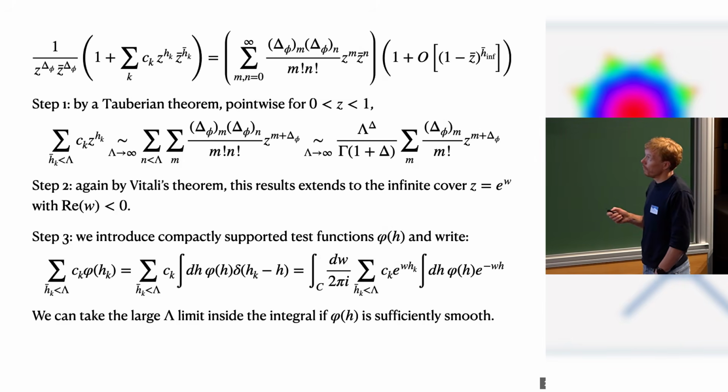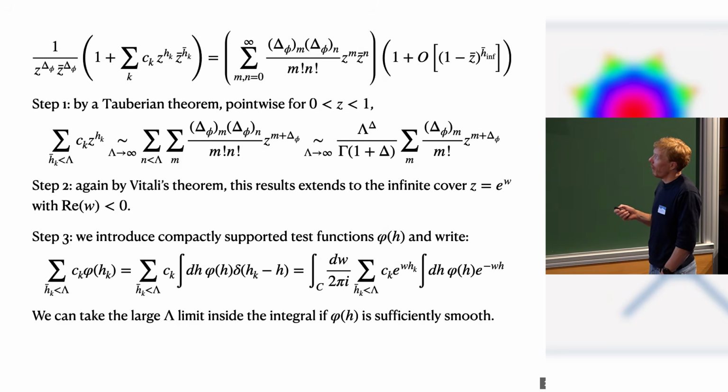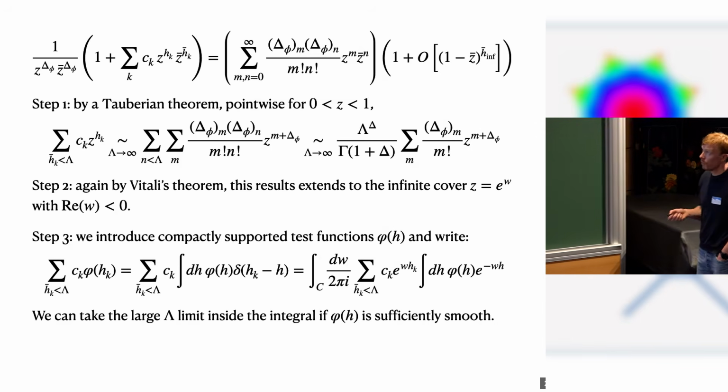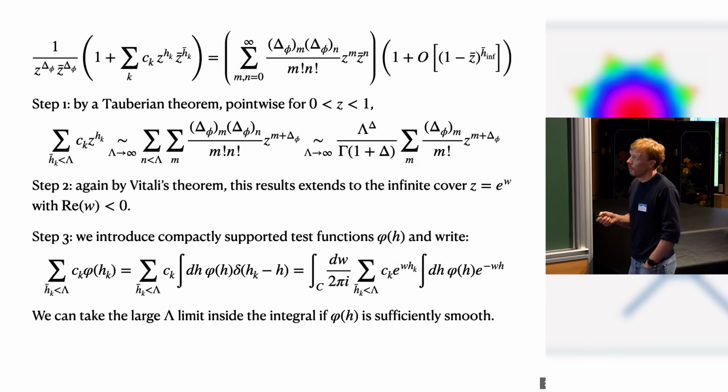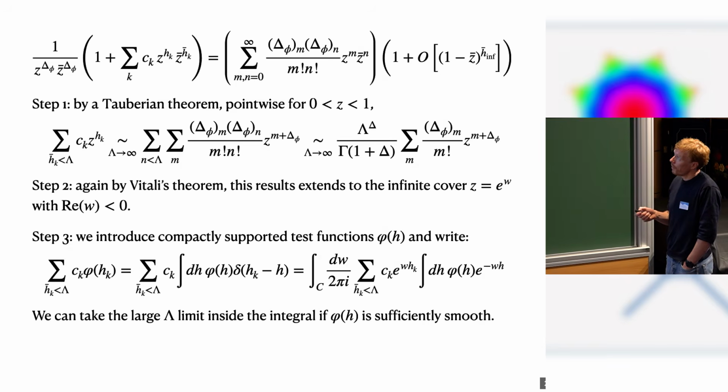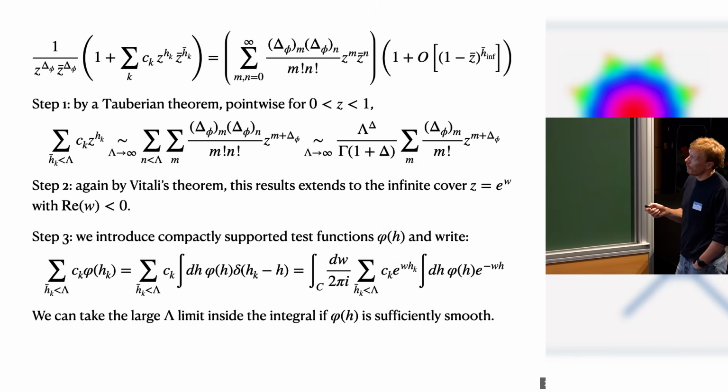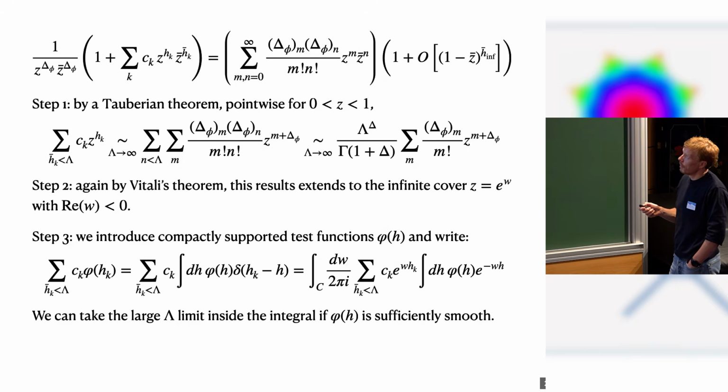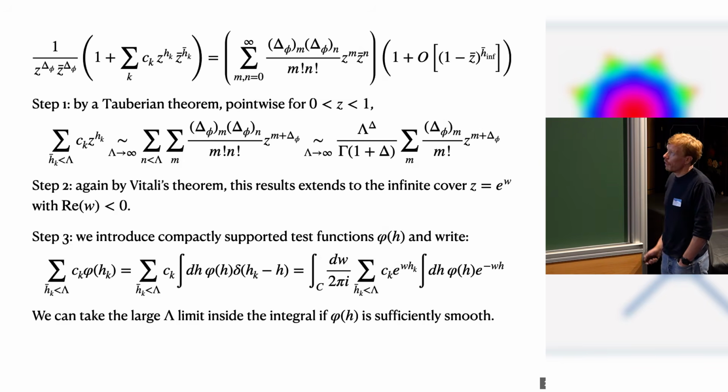So the first thing I'll do, and this is again sort of admitting our weakness, because we are again going to consider z bar as just a parameter, and we're just going to use analyticity in z. So the first step is z bar is a parameter, and then there's a family here of functions labeled by z bar, and you can just use a Tauberian theorem that says that as z bar goes to 1, these two guys agree, and then you basically want to say that, well, the summands themselves should also agree, right?